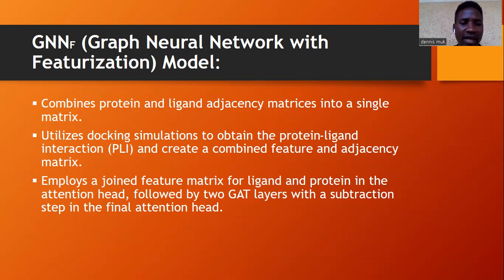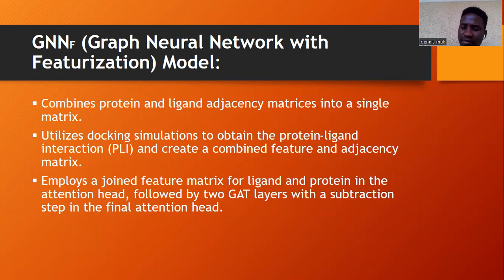This employs a joint feature matrix for ligand and proteins in an attention head, which I'm going to look at down with a structure, followed by two GAT layers with a subtraction step in the final attention head.